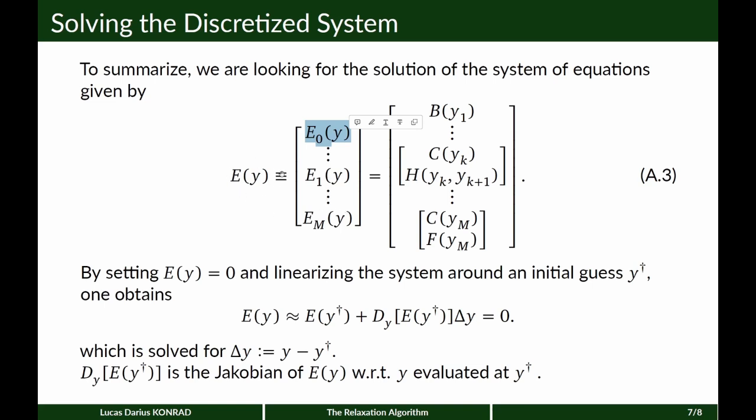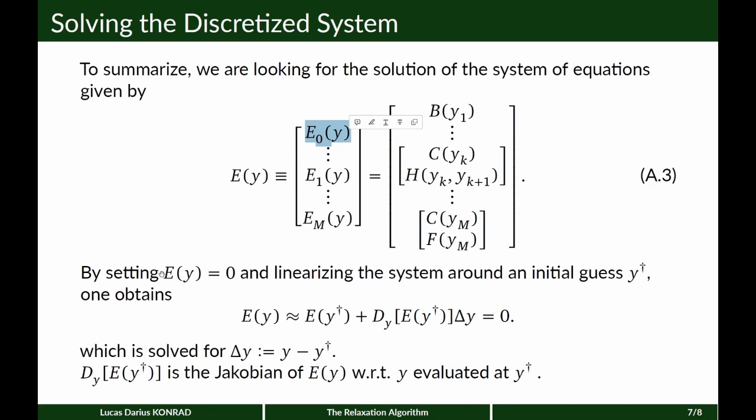So now, understanding the system of equations we have here, we want to solve this. And since this is not analytically possible, we have to again linearize and iteratively solve.